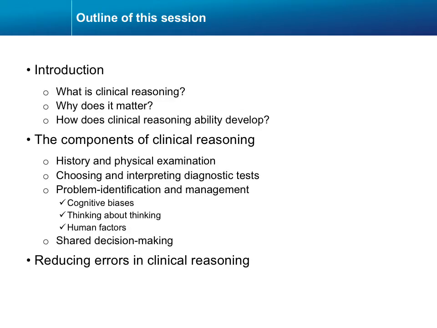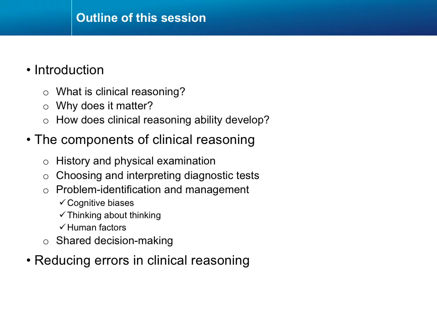So what we're going to do in this session is we're just going to introduce clinical reasoning, including why does it matter, and a bit about how it develops in individuals, because this is quite key. Then we're going to go into the nuts and bolts of things, and I'm going to explain a good way to conceptualise clinical reasoning in terms of the different components.